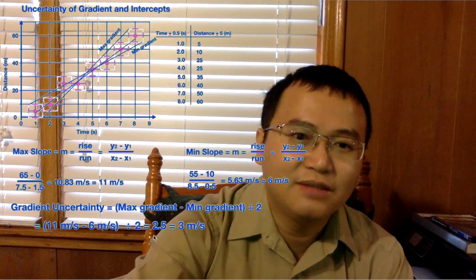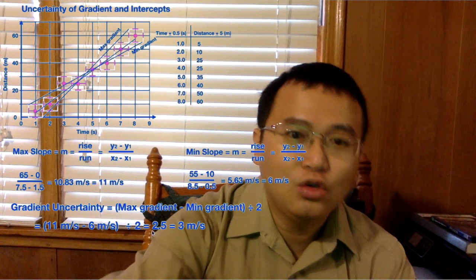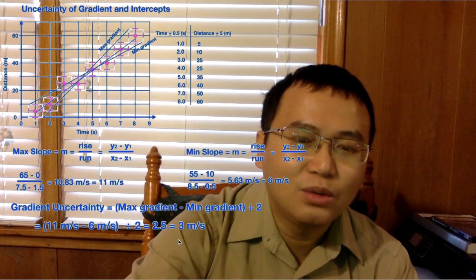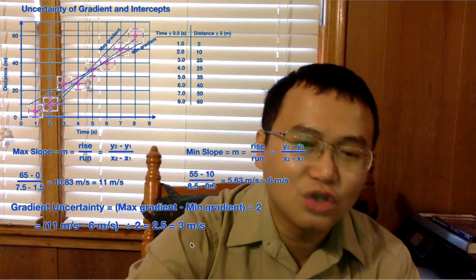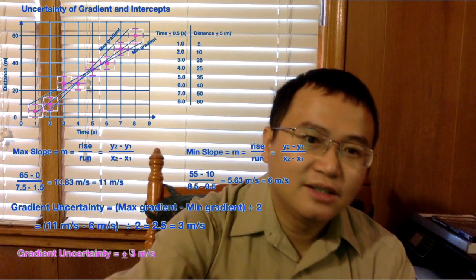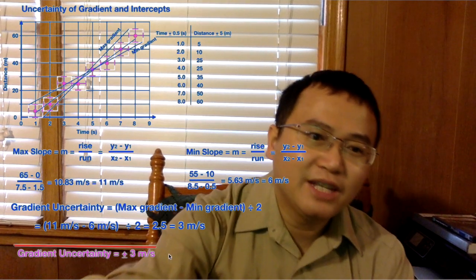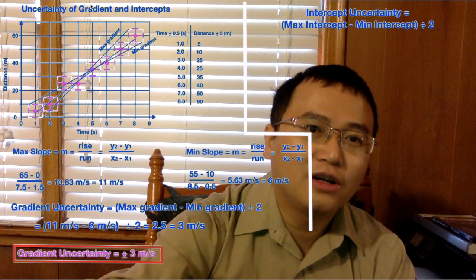Subtract, divide, and hopefully I put this in the calculator correctly. You get 2.5, and I round that to one significant figure, so it's 3 meters per second for the uncertainty of the slope. The gradient uncertainty is plus or minus 3 meters per second, and that would be your answer for this first part of the video.